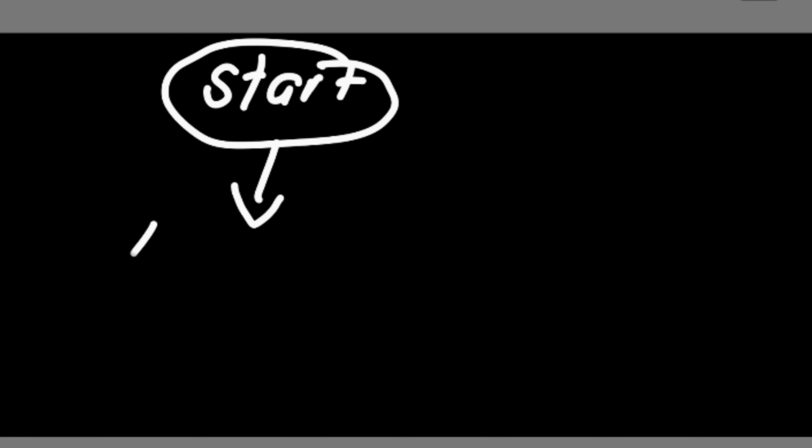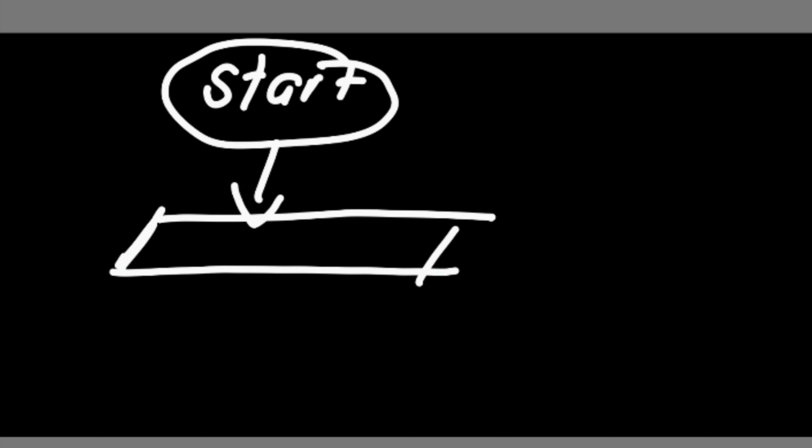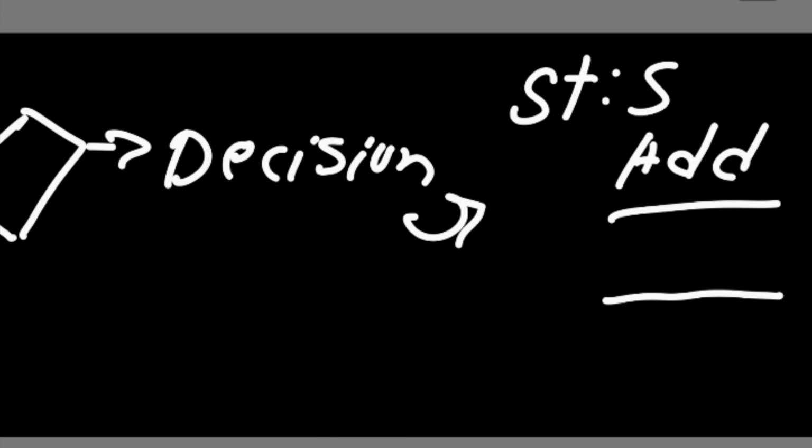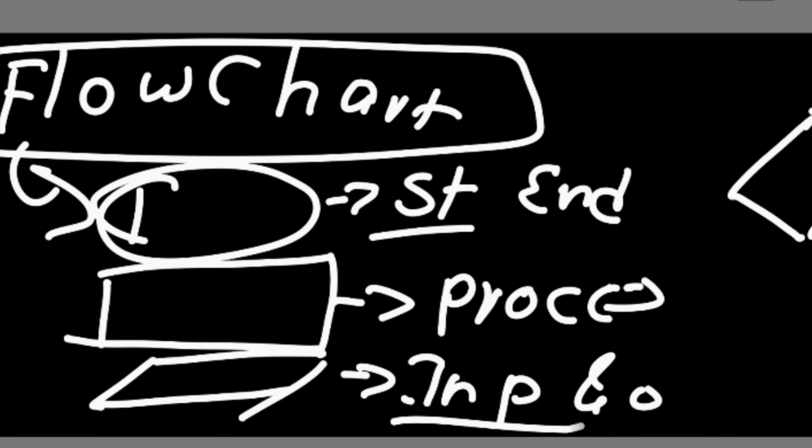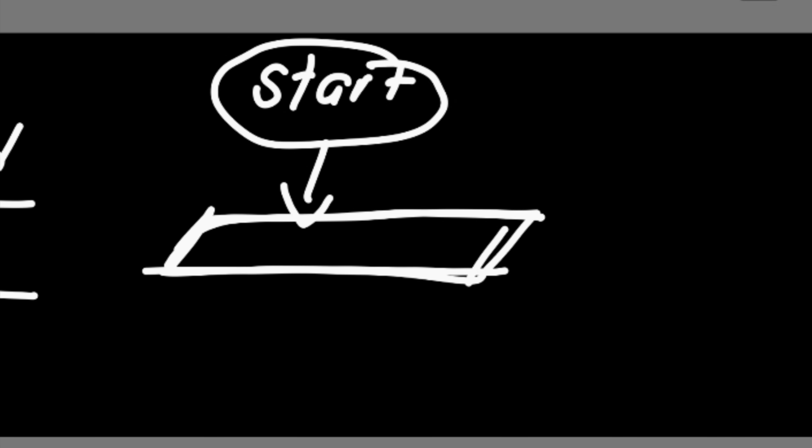Then comes the arrow sign. The arrow tells us where to go. After start, we want the user to enter the numbers, so we make a parallelogram. A parallelogram gives us input and output. So we first input, read A and B, or two numbers.